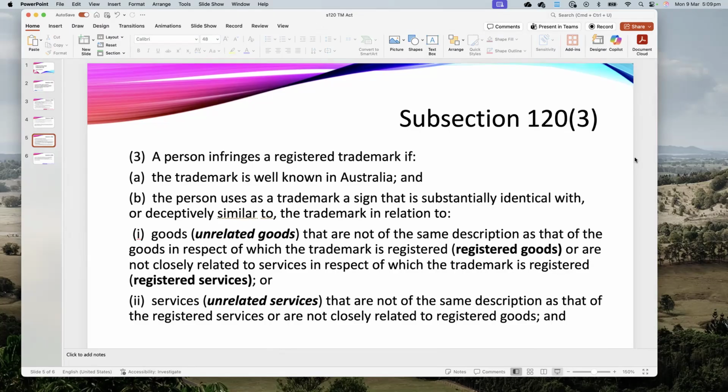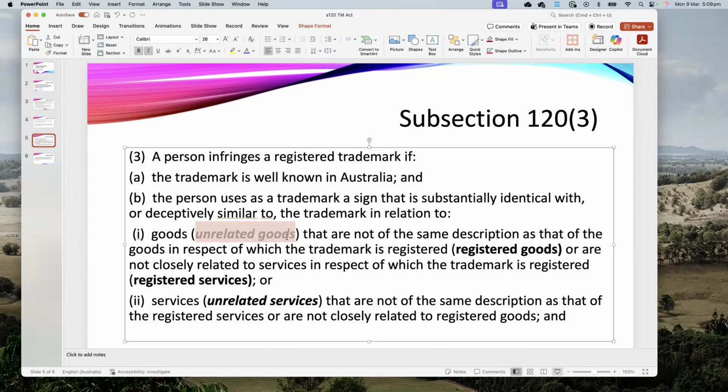So I must apply subsection 3. But the important thing about subsection 3 is that it applies where the goods and services are unrelated. This is the important part. Unrelated. If they are similar or the same, you apply the other two subsections.